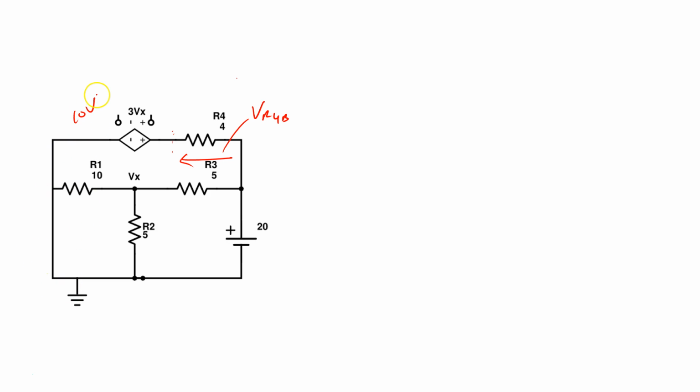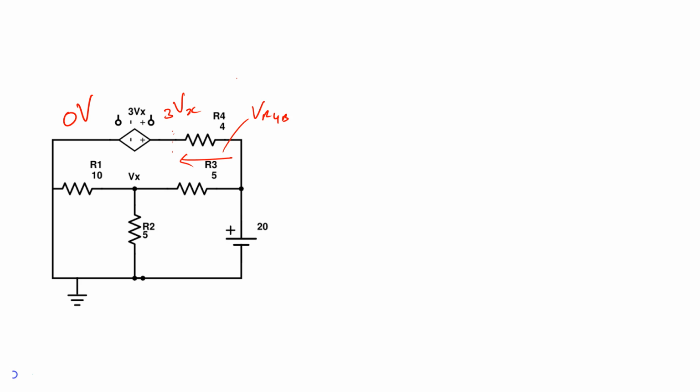We know this is 0 volts, and this is now 0 plus 3 Vx. So we have 3 Vx volts here, and we have 20 volts on this side, and the difference between them, VR4B, looking at the direction the arrow is pointing, is 3 Vx minus 20 volts.